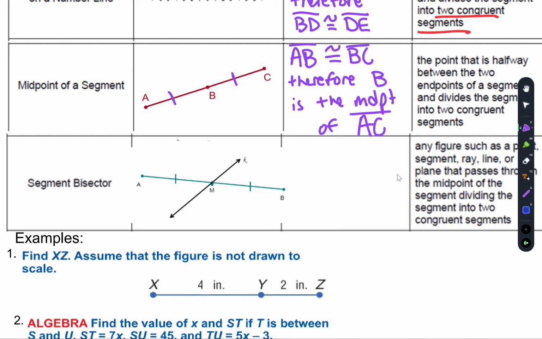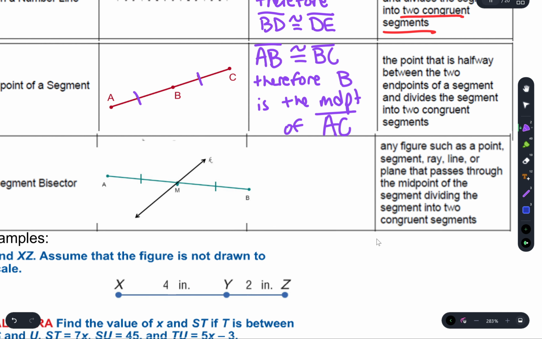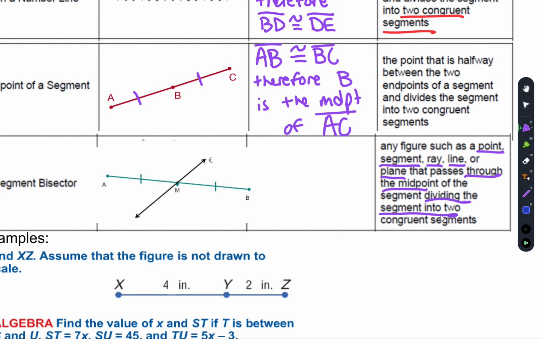So something that cuts something else in half is a bisector. This can be anything from a point, segment, ray, line, or even a plane. All of those things can be segment bisectors. A segment bisector passes through the midpoint and divides the segment into two congruent segments.